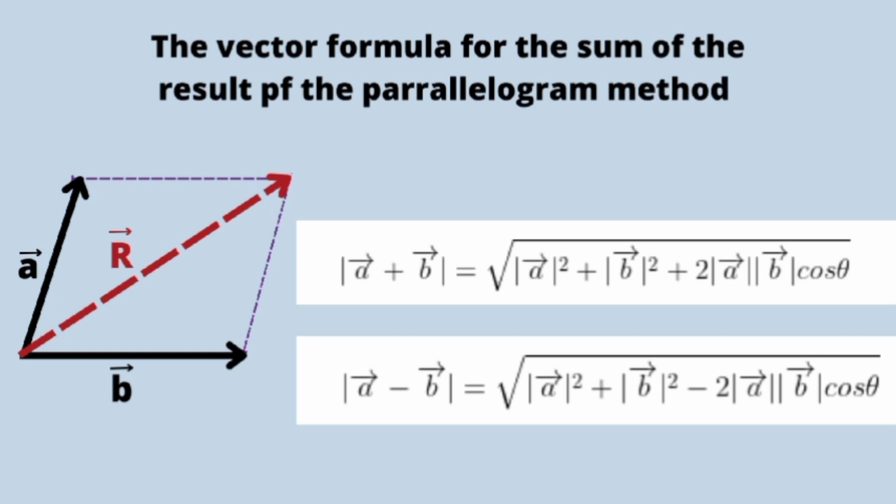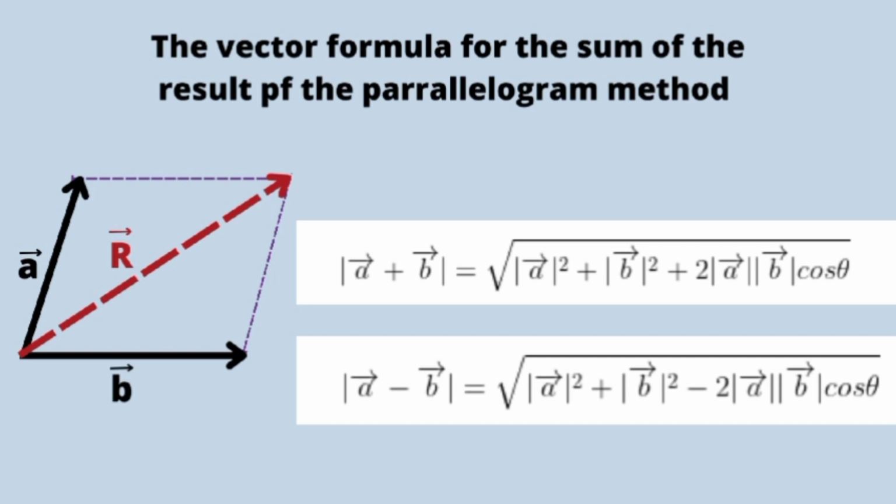So the formula is absolute value from A vector plus B vector equals to square root from absolute value from A vector square plus absolute value from B vector square plus 2 times absolute value from A vector times absolute value from B vector and times cos theta.